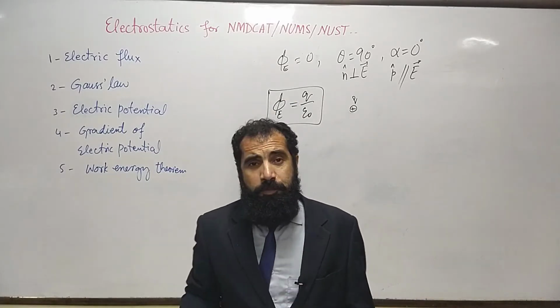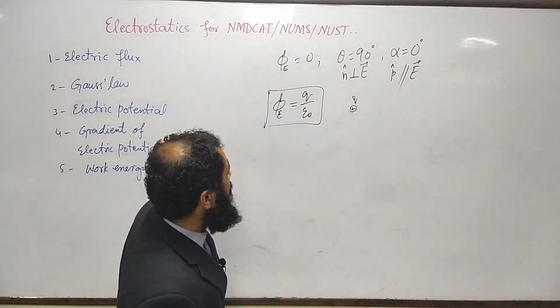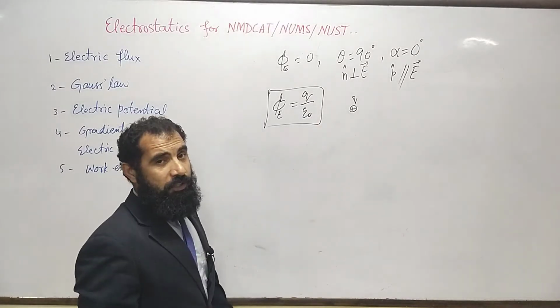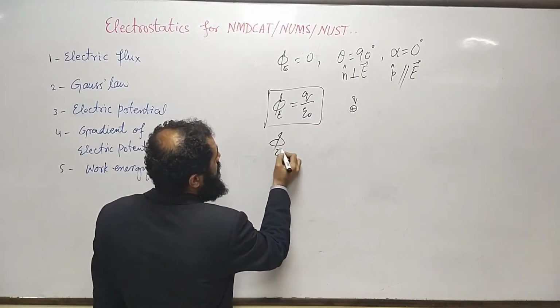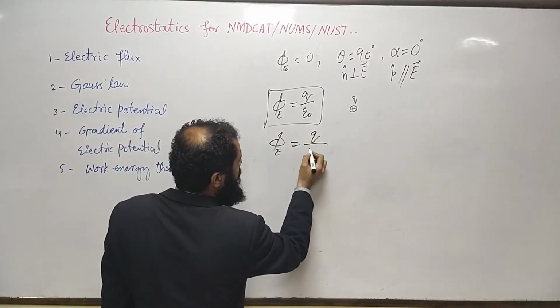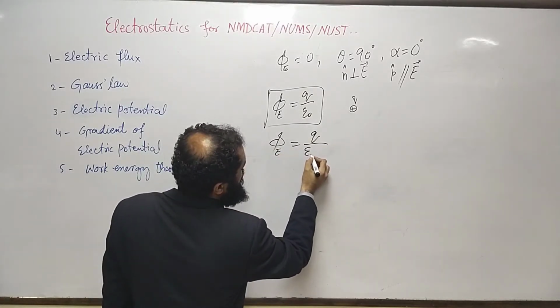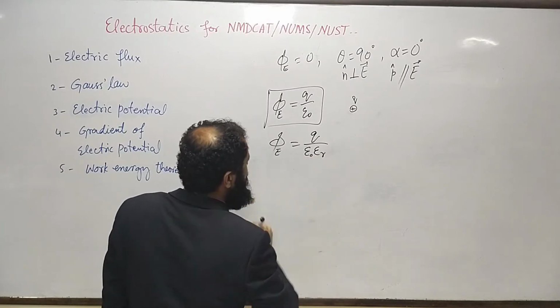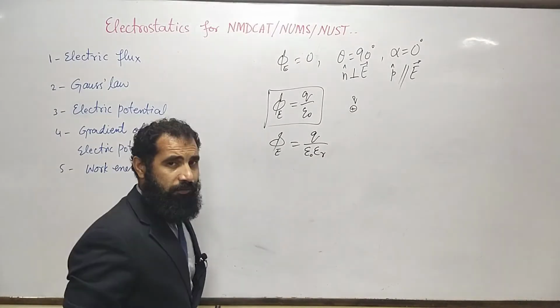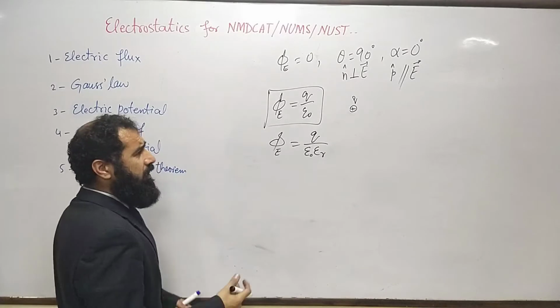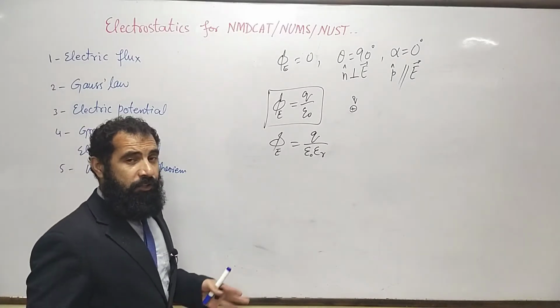If it is placed in free space, then it would be q divided by epsilon naught, and if it is placed in some material media, then it would be q by epsilon naught times epsilon r. This epsilon r is the relative permittivity of that medium.